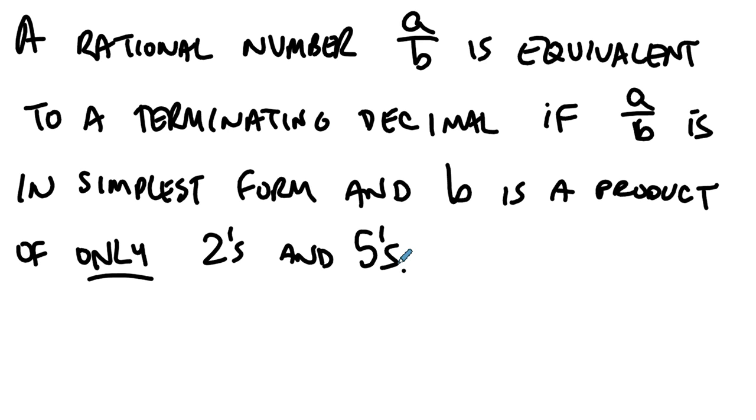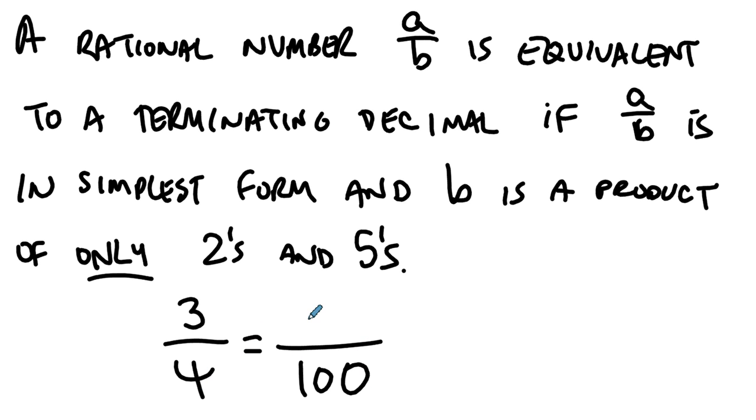Because if the fraction's going to terminate, here's 3/4, it's going to terminate because it's in simplest form and its denominator is a product of 2's and 5's only. Well, we're going to scale it up to something out of 100, right? We're going to scale it up to 75 hundredths.